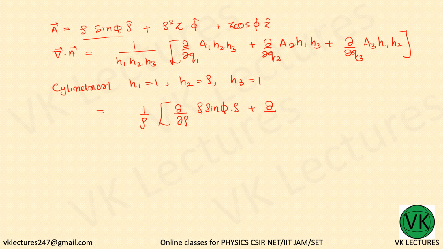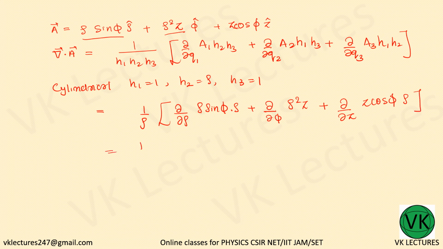What is q2? Phi. A2 is rho square z into h1 h3, h1 and h3 are the same, plus dou by dou z, since q3 is z. A3 is z cos phi, into h1 h2, which is 1 times rho.